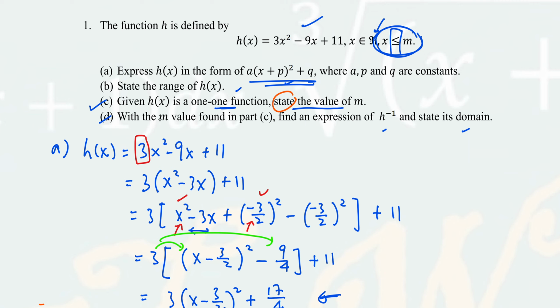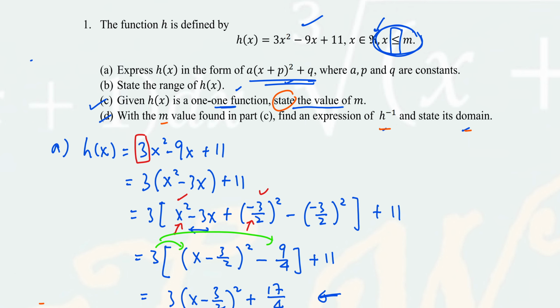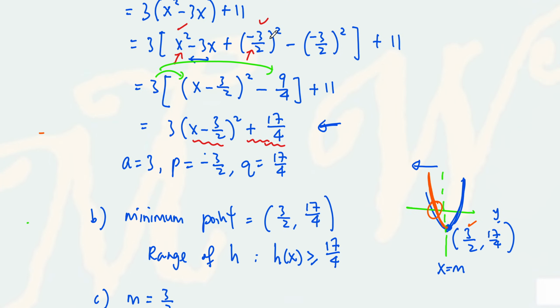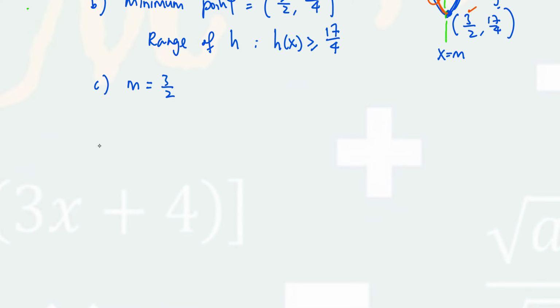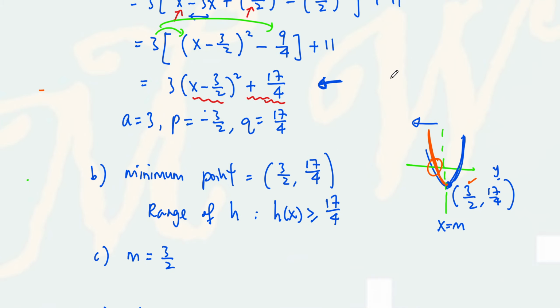Now D, with this m value, get the expression for h inverse and state the domain. So now, to get the h inverse, we need to refer to the completed square form. So my D, h(x) equals to, I just copy down this completed square form.